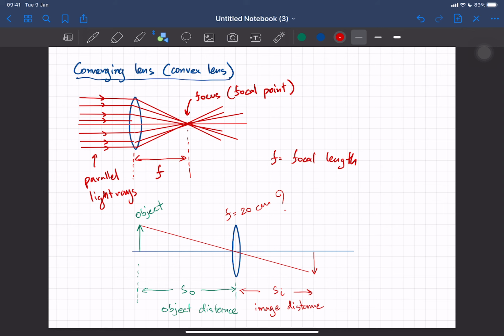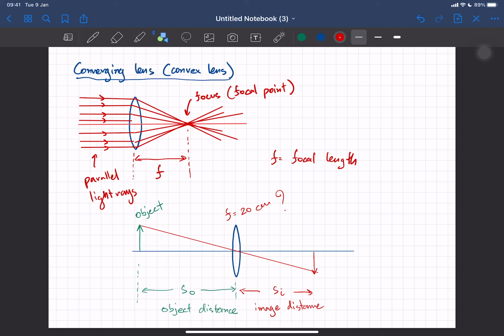Because of the way the lens is shaped, there's not going to be that much refraction happening when it's going through the center of the lens. It will be some refraction, but very, very small. So to a very good approximation, going through the center of the lens will not change the direction of the light. Okay, so that's the first light ray, so we can draw it maybe something like this.